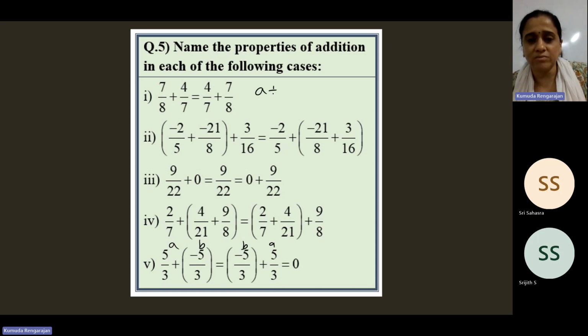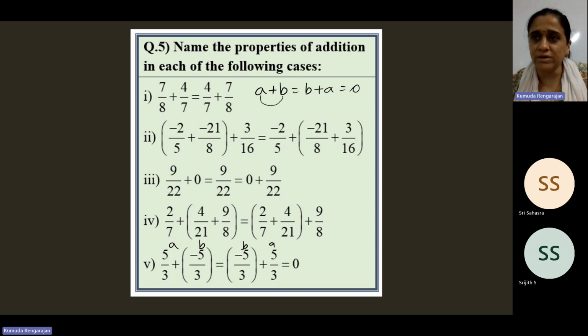We see A plus B is equal to B plus A is equal to 0. The sum of these two rational numbers is equal to 0. So here the additive inverse property is demonstrated.